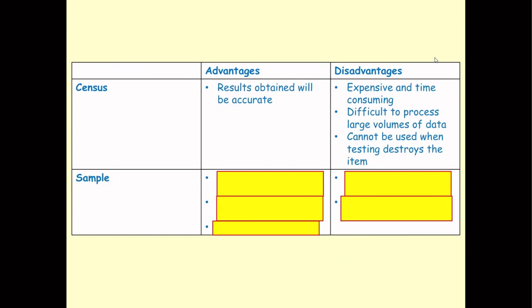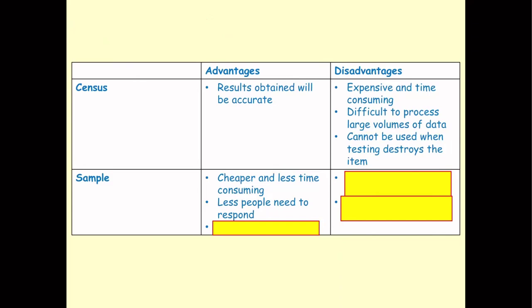Now, moving on to a sample, the advantages will be the opposite of the disadvantages of a census, essentially. It's cheaper and less time consuming because you're only testing a sample number of items or people. We need fewer people to respond. If we were to ask everyone in a town a question, some people might opt out from answering.